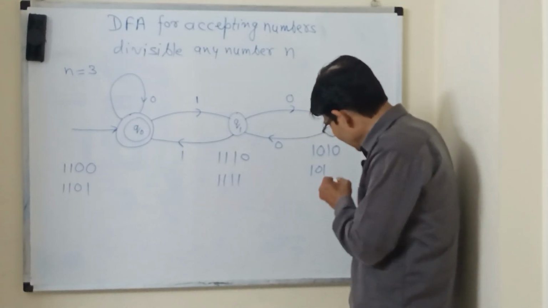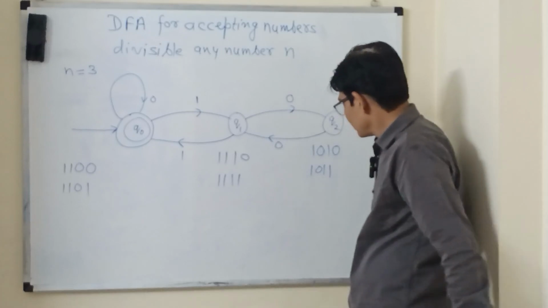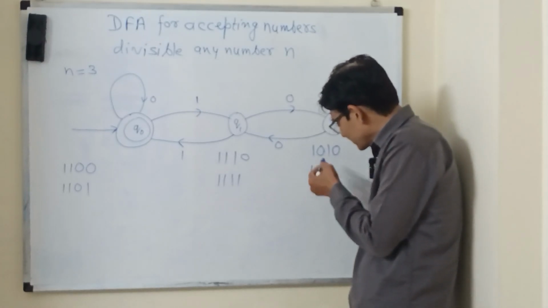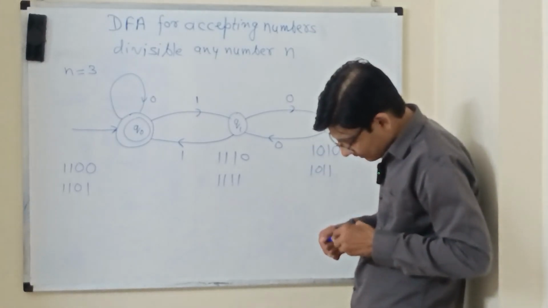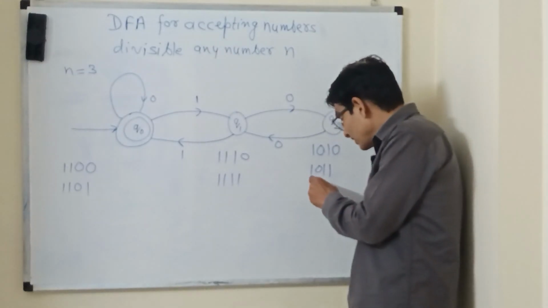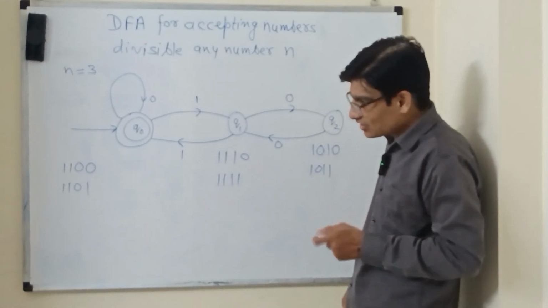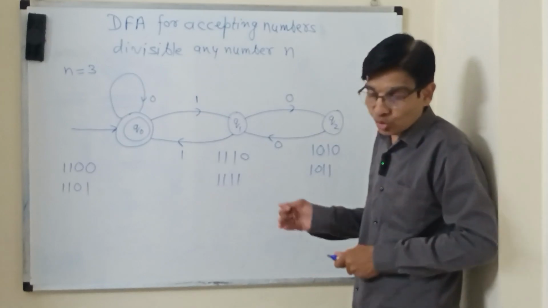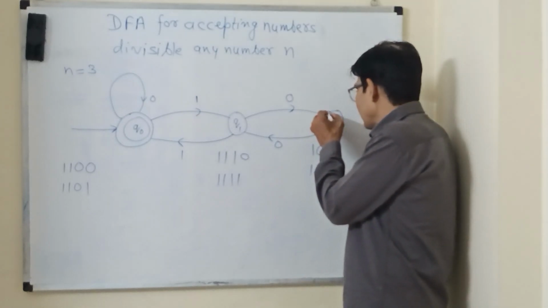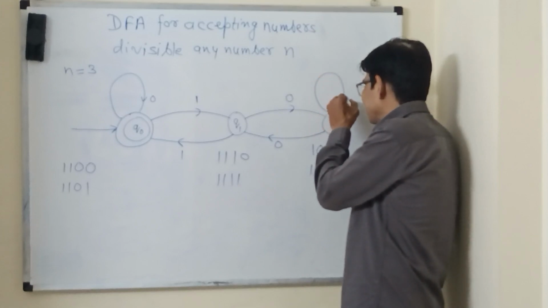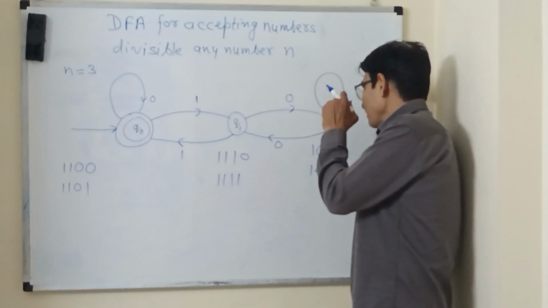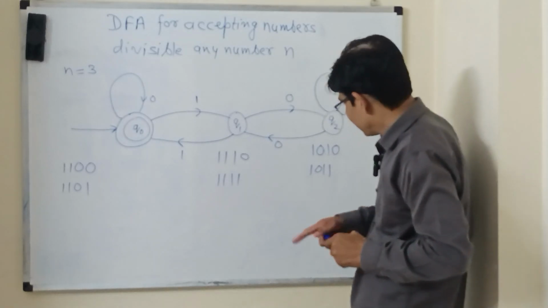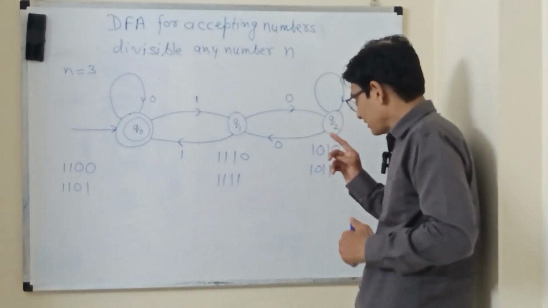So now this becomes 11. And if we divide 11 by 3, we will get remainder 2. So on applying 1 on this state, we will be in the same state again.